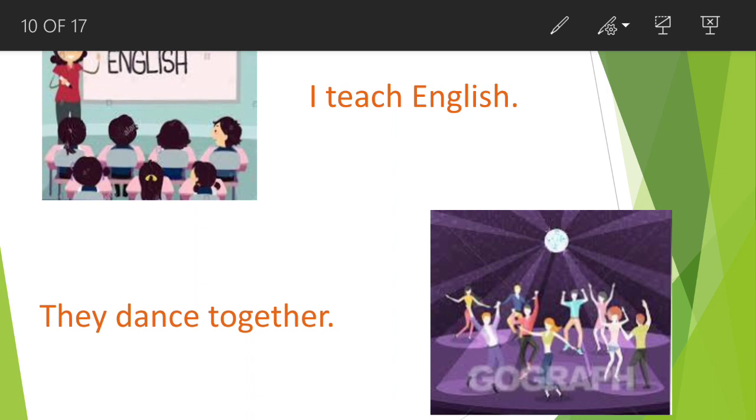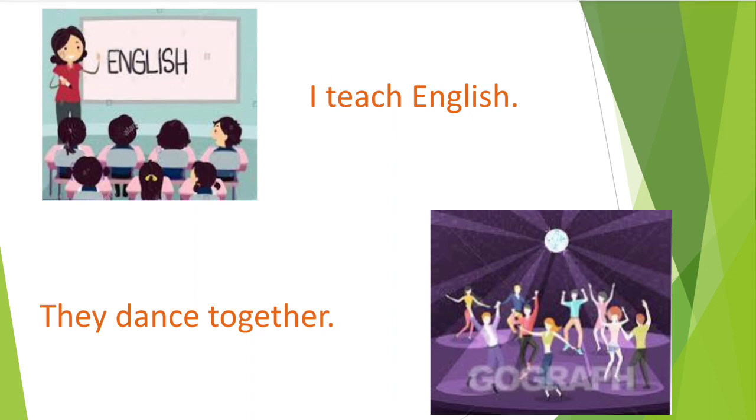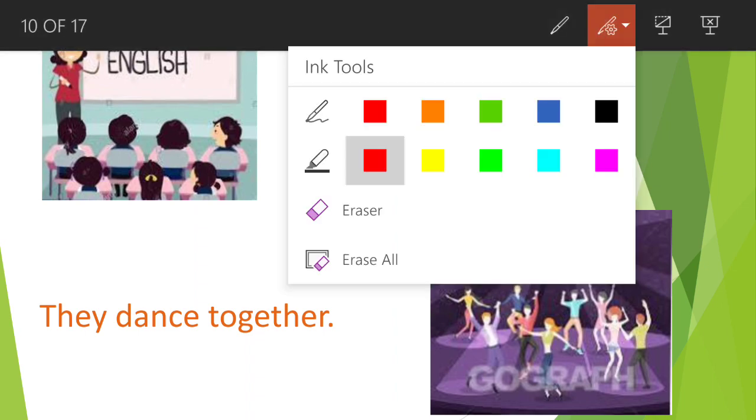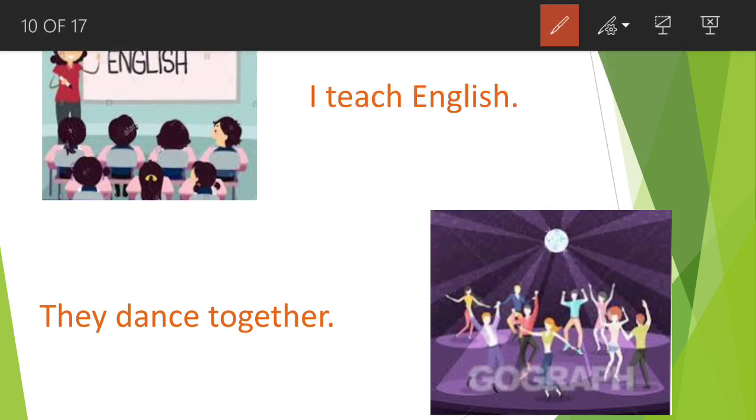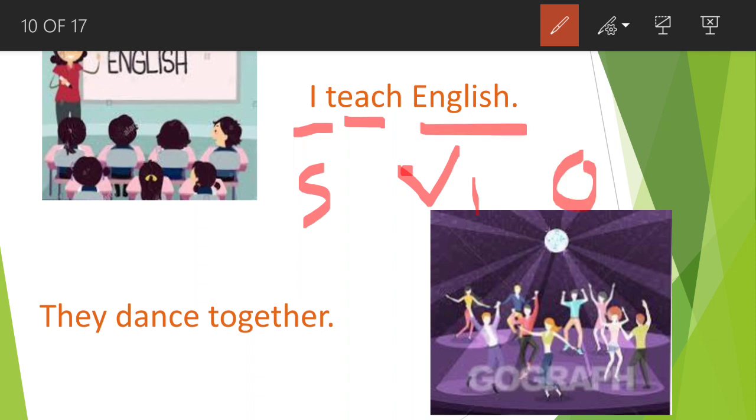So let's find out the structure. In the first sentence, I is the subject, teach is the verb, and which form of the verb? Verb first form, and English is the object.